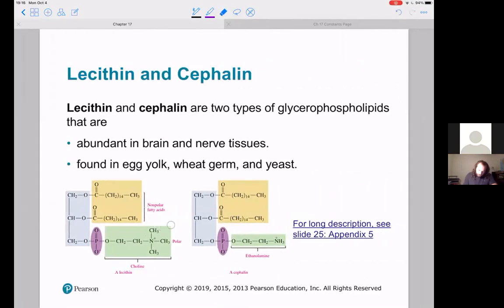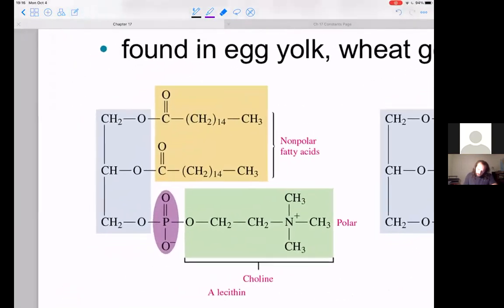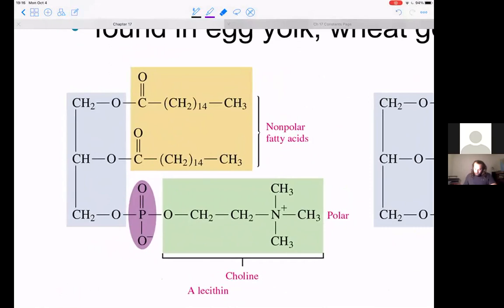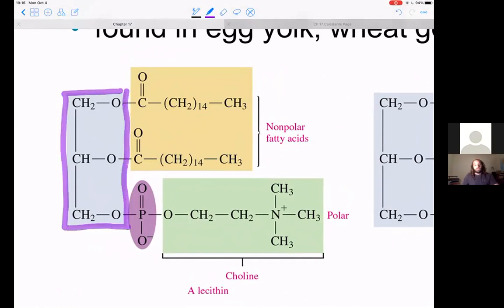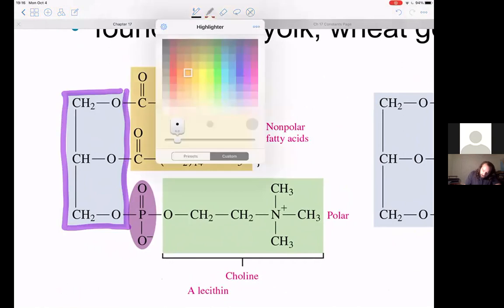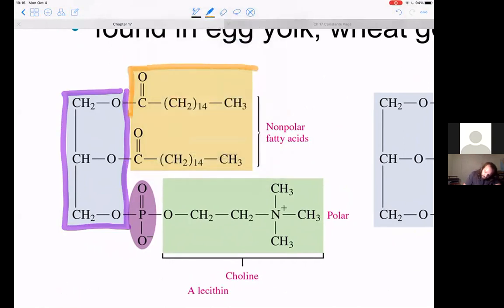All right, so if we wanted to sort of zoom in and look at what one of these glycerophospholipids would look like, we again have our glycerol backbone. Okay, for the glycerophospholipids, we have two units of fatty acid. And they could be anything from our constants page. Let's take a look here and see if we can identify what these fatty acids are.